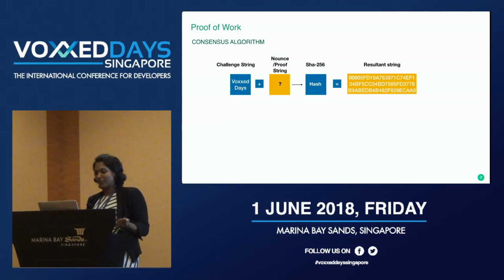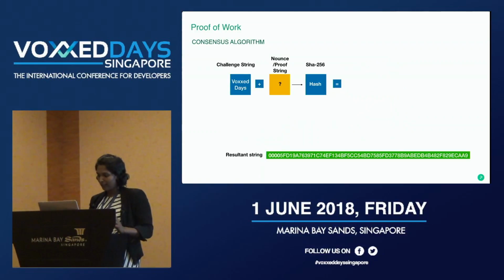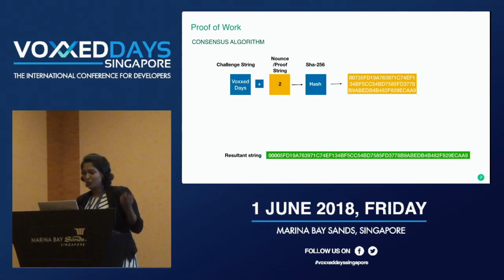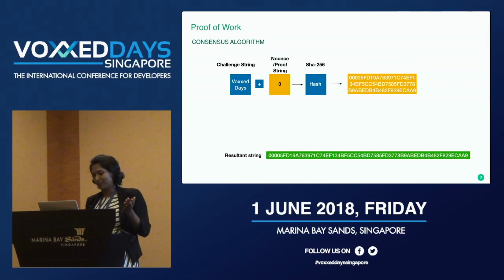So the way to do it is first you take the challenge string and then you use the proof string as 0 and check if the resultant string coming out of the hash function matches the criteria. If it doesn't, then you increment the proof string and see if the criteria matches. If it doesn't, then you do it again. You'll stop when the resultant string matches the criteria for the output string that comes out of the hashing function.